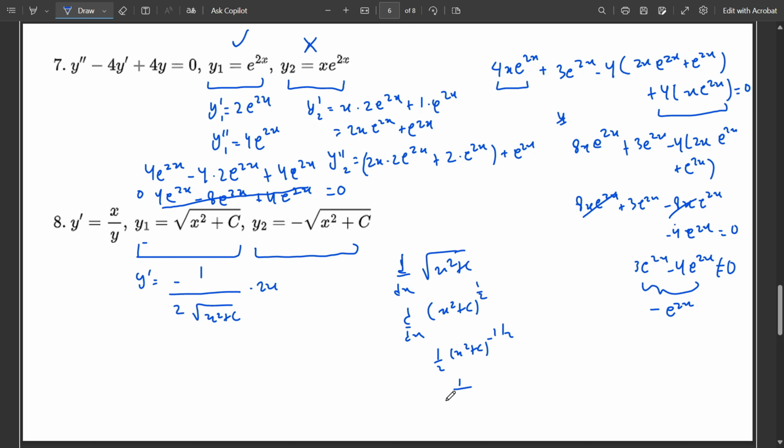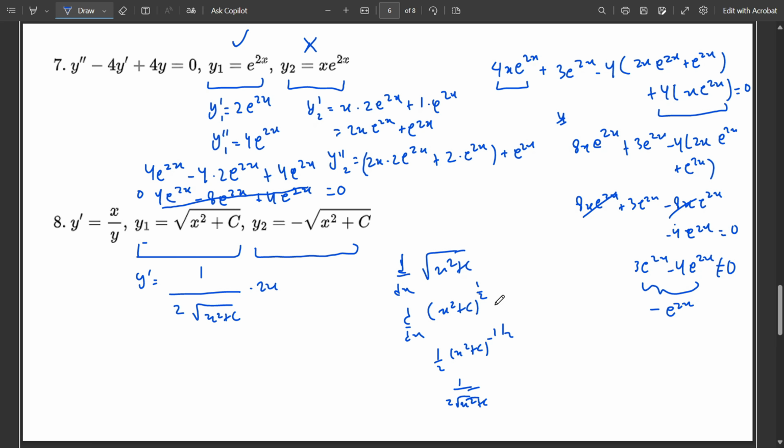So we have 1 over 2 square root of x squared plus c. Oh wait, sorry, my apologies, this is wrong. Okay, so it's 1 over 2 square root of x squared plus c, times 2x.